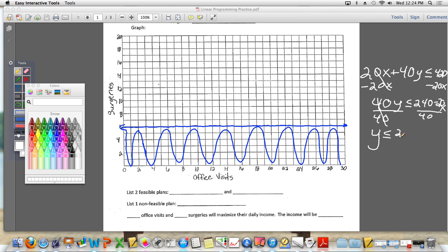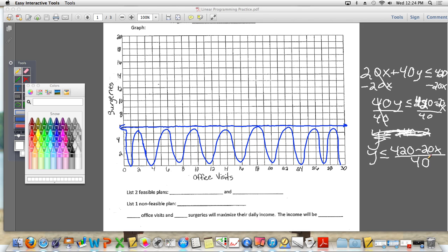We're going to have 240 minus, what's the matter? Oh gosh, I transposed my numbers. My bad, thank you for the catch. 420, thank you guys. I'm going to start over here. So we've got y is less than or equal to 420 minus 20x, and then divide it by 40.